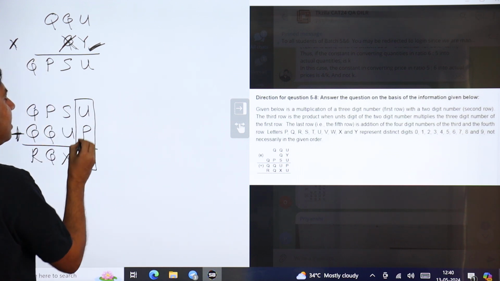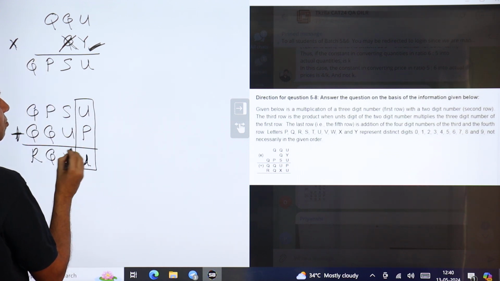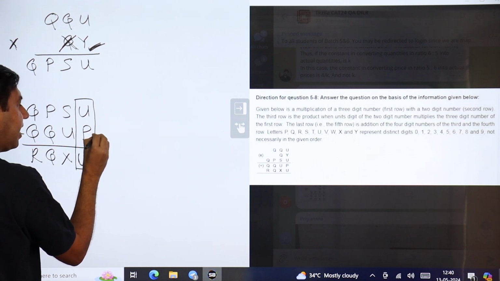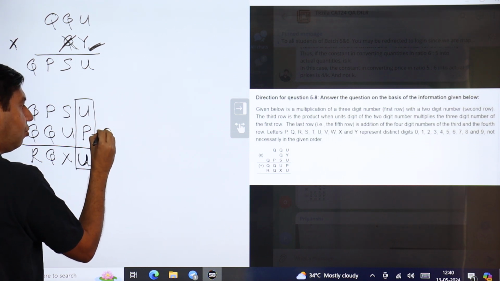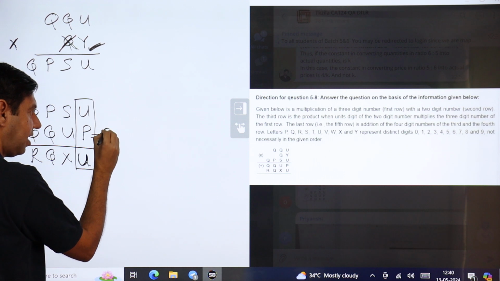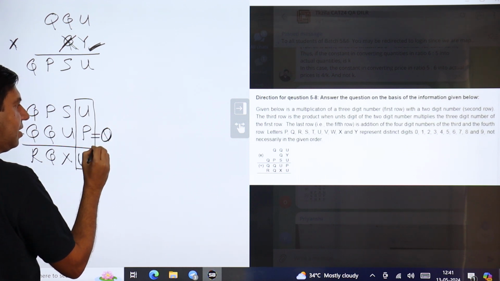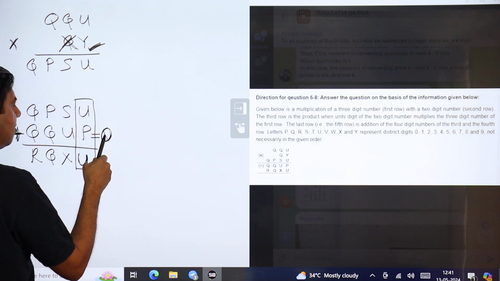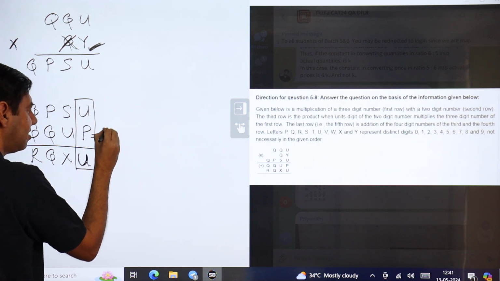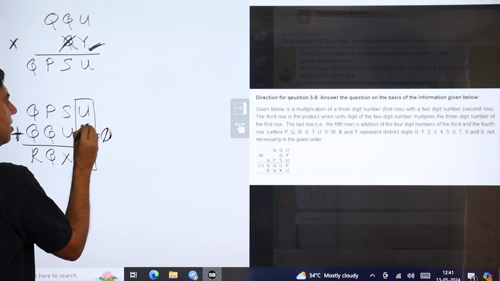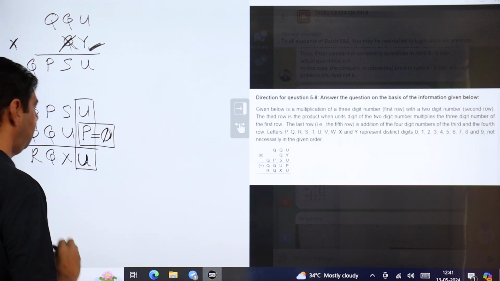The only way that it can happen is when P is equal to 0. So I directly get a start: P is 0. This looks like an O, so to make it 0, we'll put in a slash. This is how you put a 0. So this is one answer, P is 0 for sure.